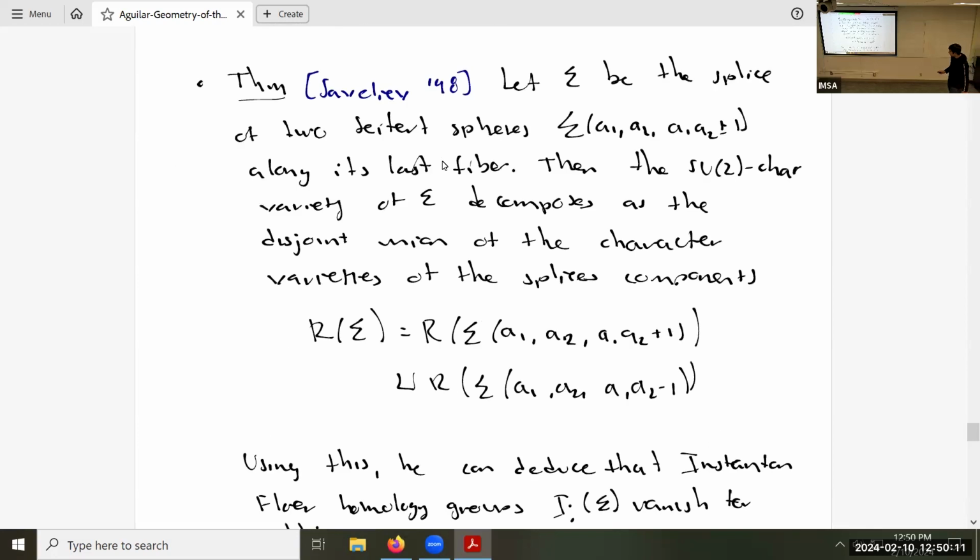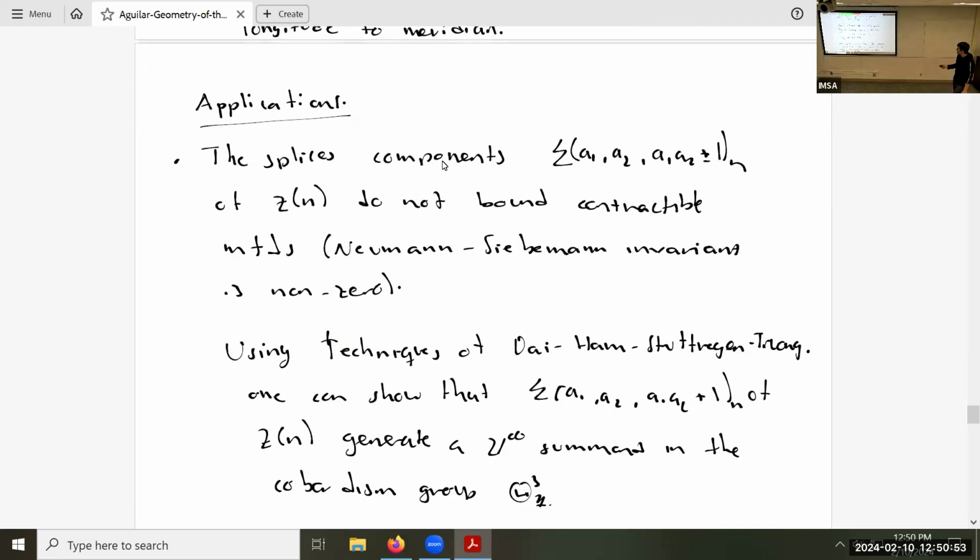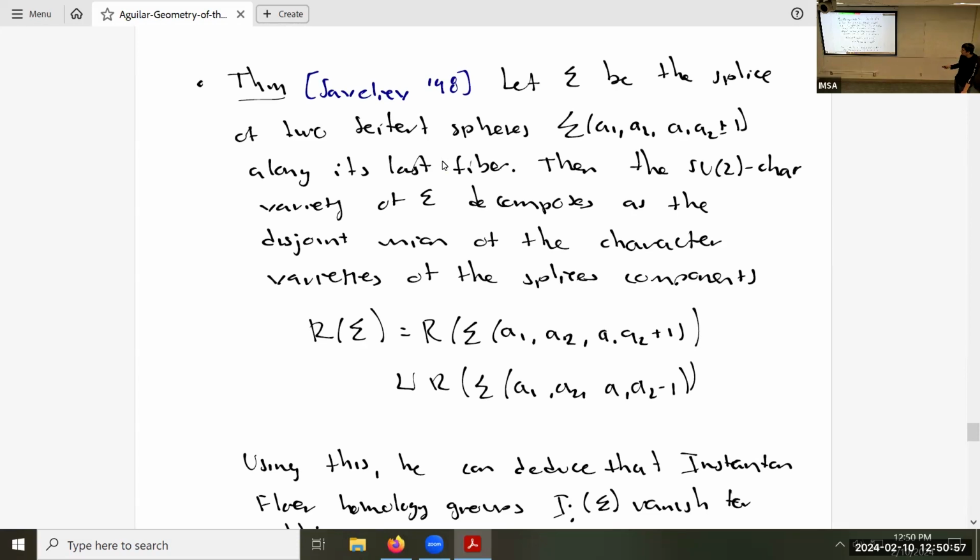I see. So I was telling you about these representation varieties that parameterize conjugacy classes of SU(2) representations in this case, and a result of Saveliev from '98 tells you that if you consider something very similar to this kind of varieties, if you glue two Seifert fibered homology spheres with, let's say, 3 legs, 1, 2, 3, 1, 2, 3, the representation variety can be decomposed as the disjoint union of each of the pieces.